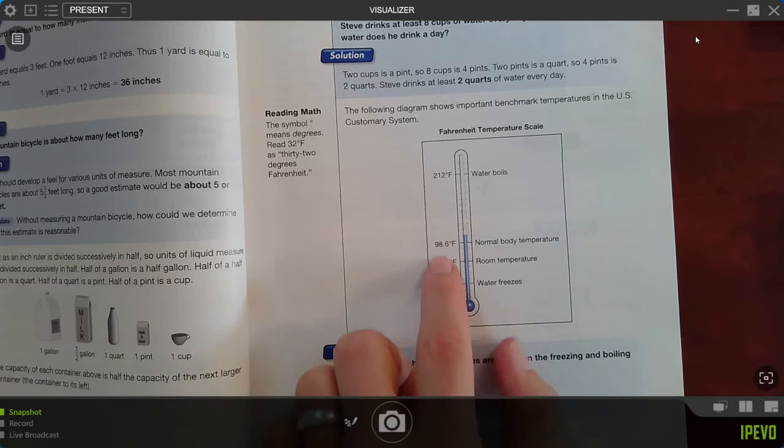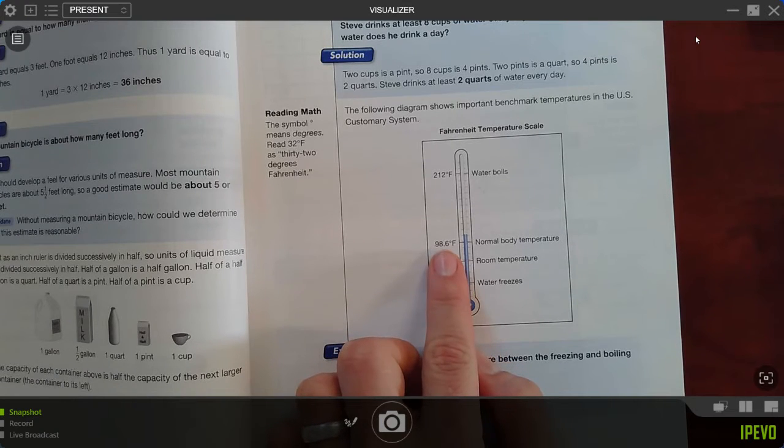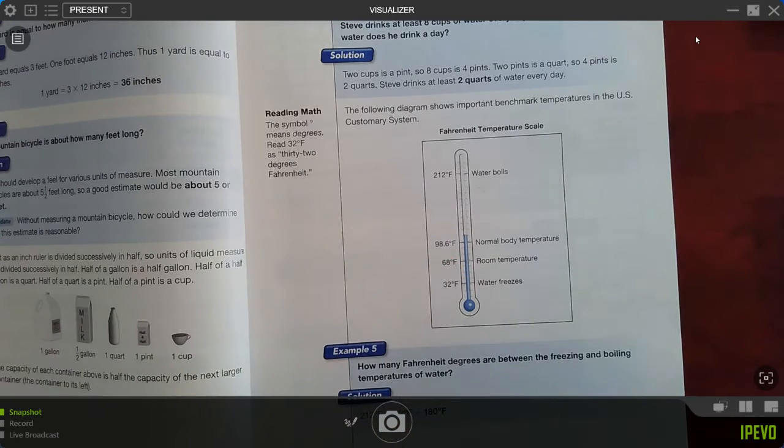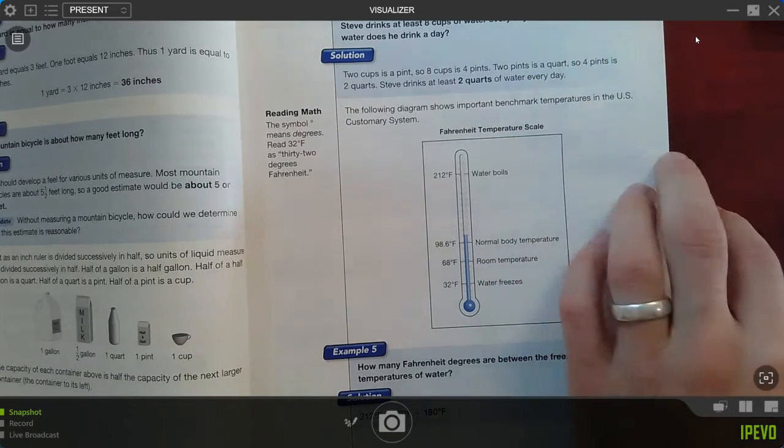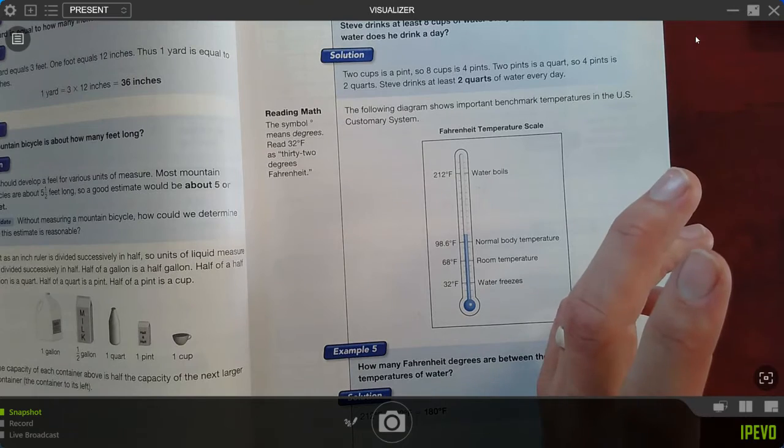Why, if our body temperature is 98.6, does it feel so hot when the air around us is 98.6? Well, that's our internal body temperature. Our internal body temperature is constantly leaking heat, right? We're losing heat out. And so our skin, the heat is leaving us, and we feel comfortable when that heat continues to leave.